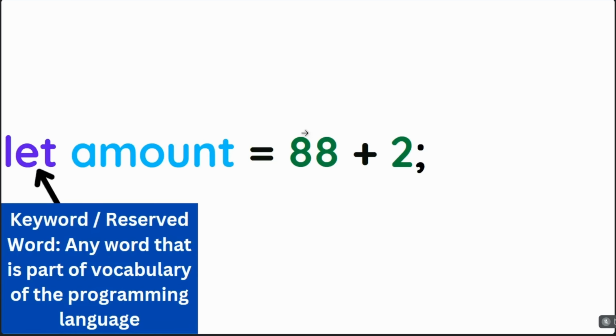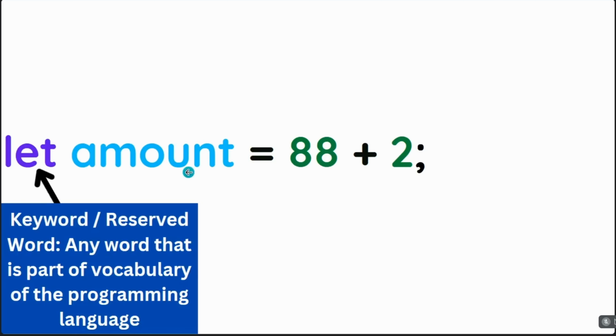For example, printf is part of the C or C++ programming language. In the same way, let is a reserved word or keyword that is part of the vocabulary of JavaScript. You cannot use them for naming any variable or function, they are particularly reserved for the JavaScript programming language.